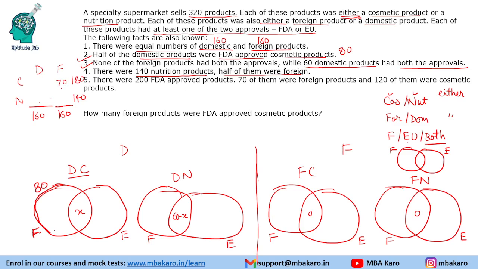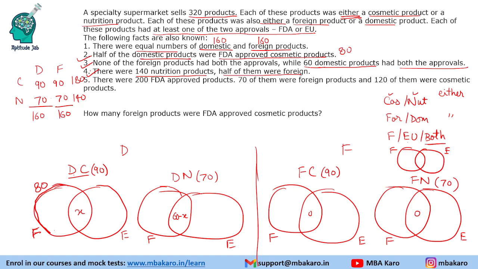So 70 foreign and half will be domestic, and we will get 90 and 90 like this. So domestic cosmetic is 90. Similarly, for domestic nutrition is 70, foreign cosmetic is 90, and foreign nutrition is 70. So this also gives us the totals here.